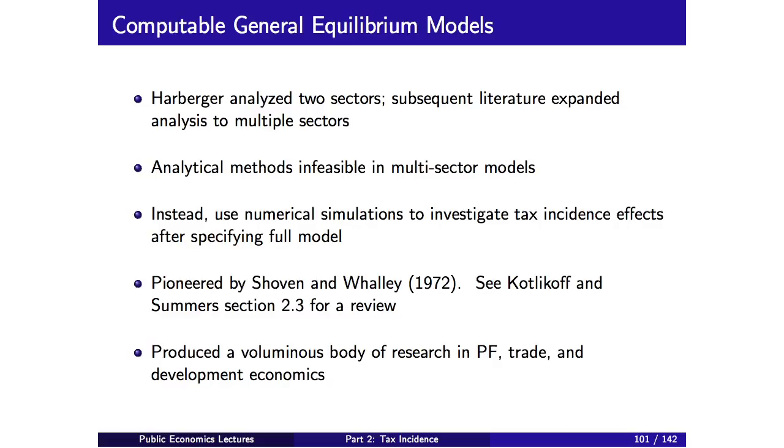This is actually like a massive literature that was very active in the 70s and 80s. And the way this literature evolved is like you further enrich the model to allow for more and more factors and more goods. So I think the state-of-the-art model had like 27 different sectors and 39 types of factors or something.